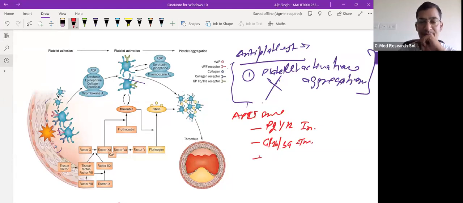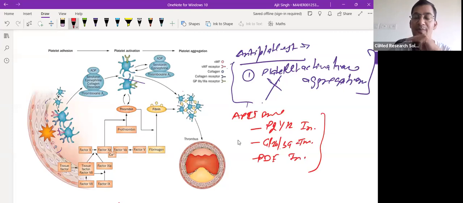And PDE inhibitors. What are the examples of P2Y12, GP2B3A inhibitors and PDE inhibitors, guys? Tell me the examples also, then everyone will understand. Definitely we will discuss in the next classes.